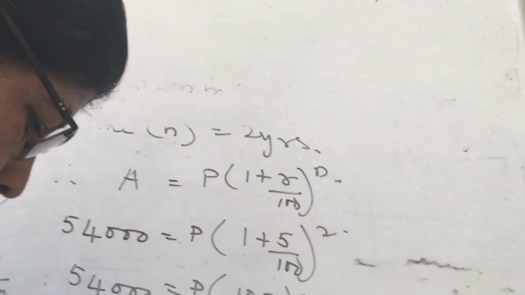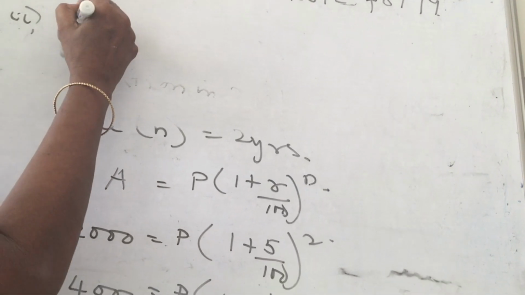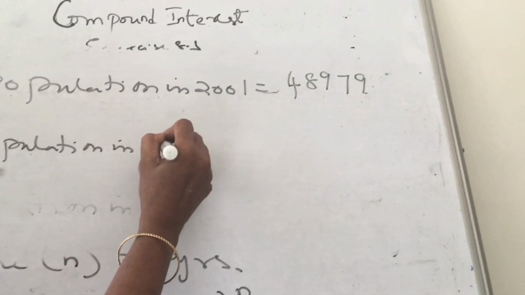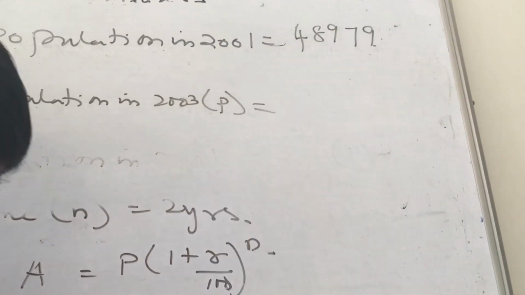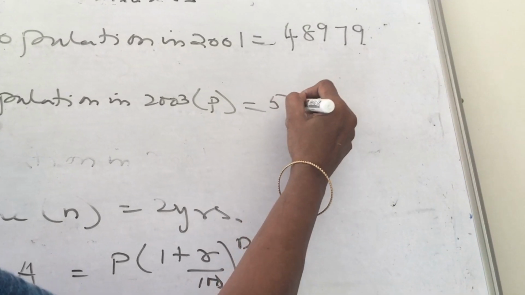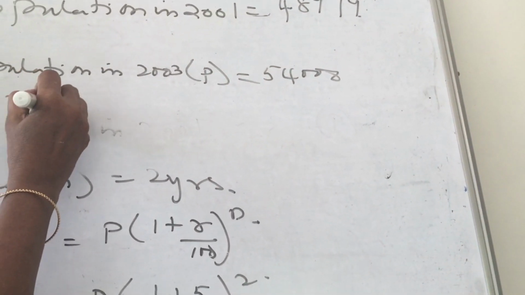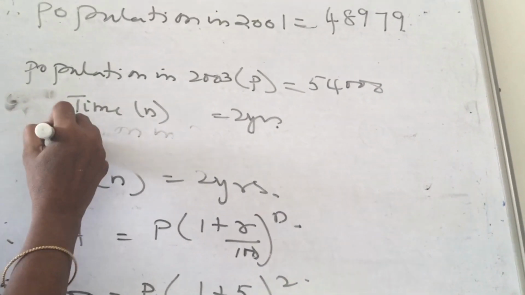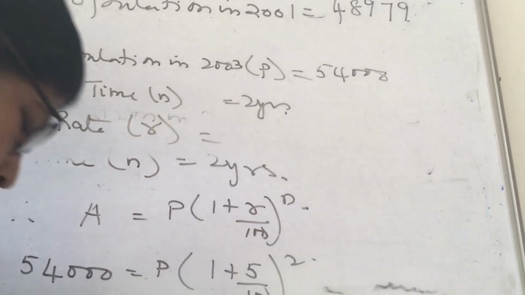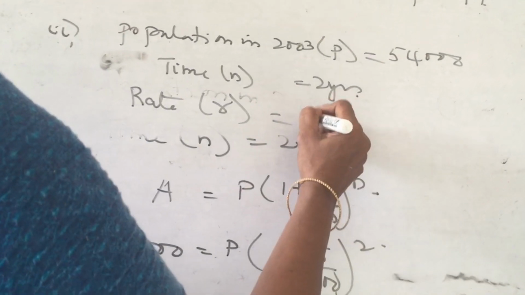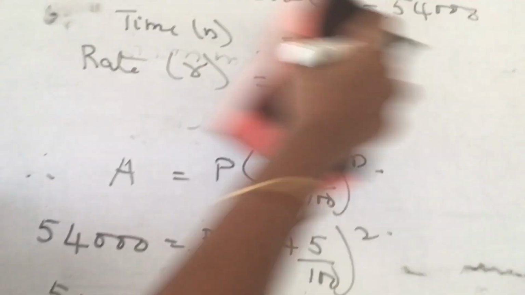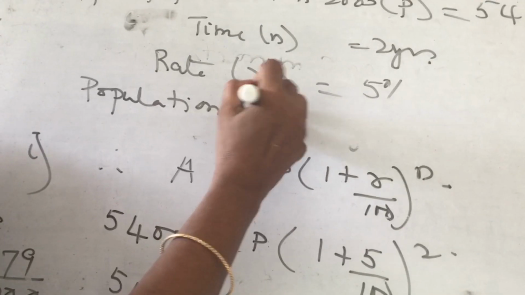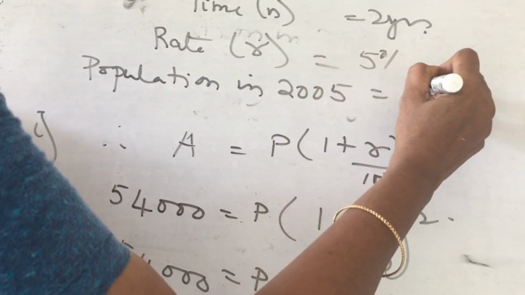They have asked you what is the population in 2005. Population in 2003 is how much? In 2003 is 54,000. The same time in 2 years, and rate R is how much? The rate R is 5%. The population in 2005 is how much?